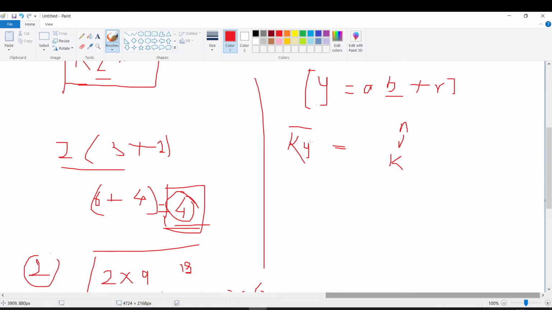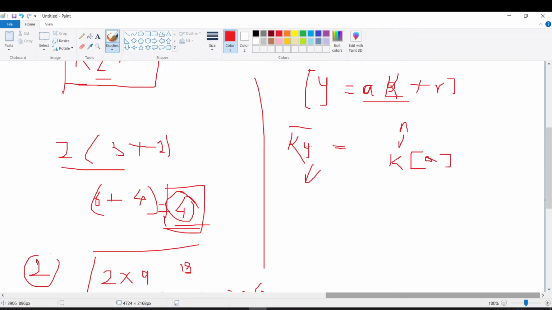So let's say some coincident factor is a. a is the coincident factor, and this is k. This is a common factor. Okay, k is the common factor, and we have another number like a or something.